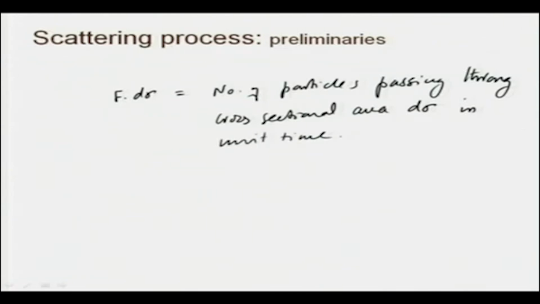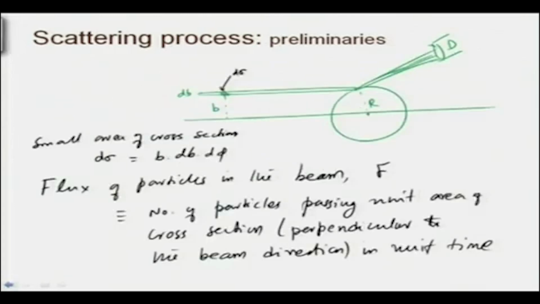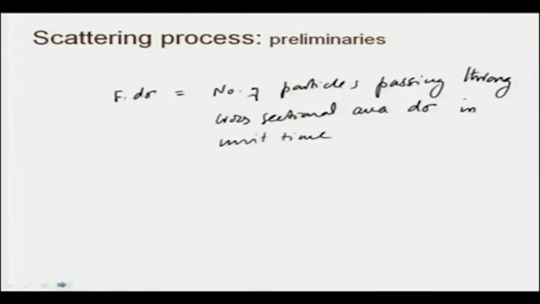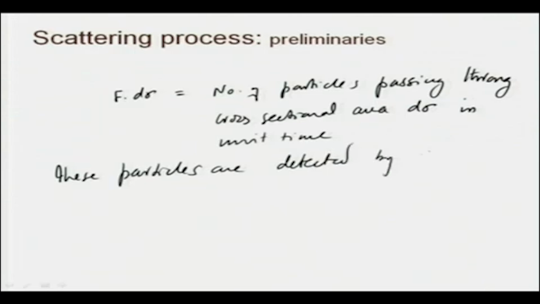Now, that is equal to F d sigma, and in the hardball scattering case, all of these particles, as you can see, will scatter into the detector there. These particles are detected by the detector D in the figure.